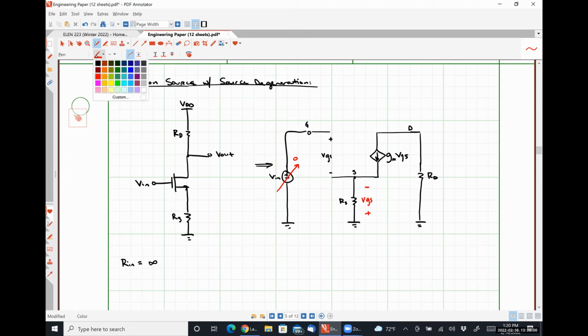let's, for the sake of argument here, do this the right way and throw a test source on. Where this is our current I test that we are trying to find.